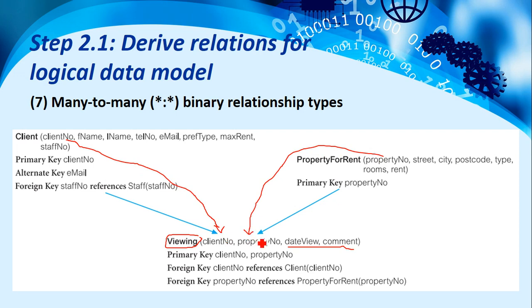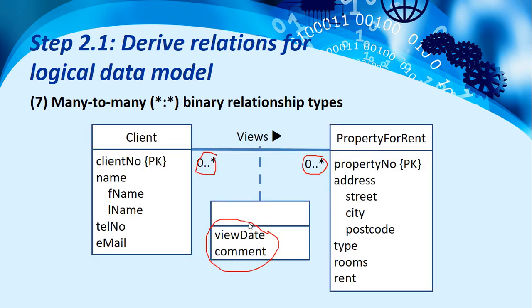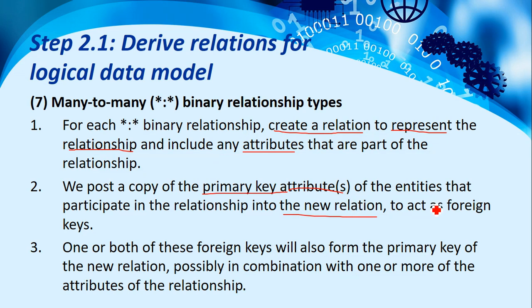So, kaya we have, for this new relation, it also has additional attributes, client number and property number. And they serve as foreign keys. Di ba? I mentioned dito, foreign key, as described right here.